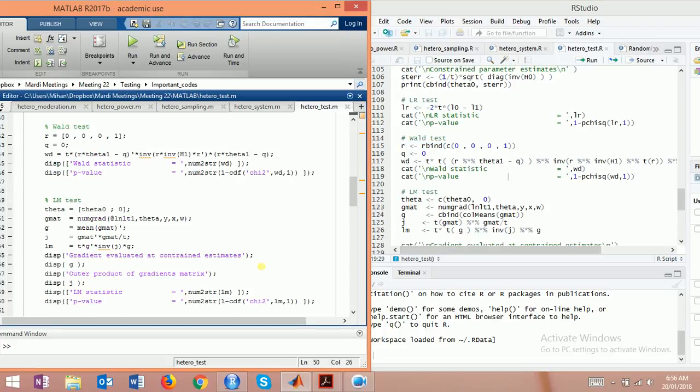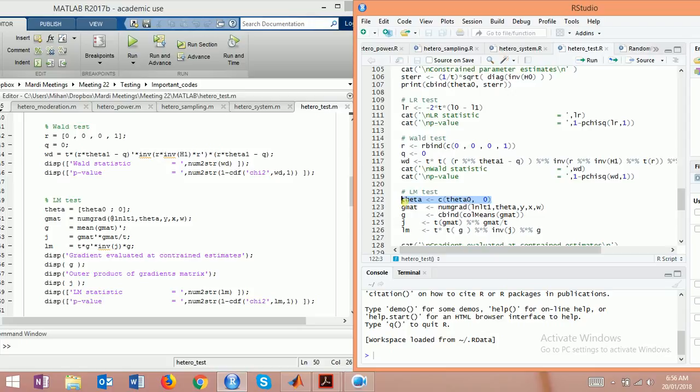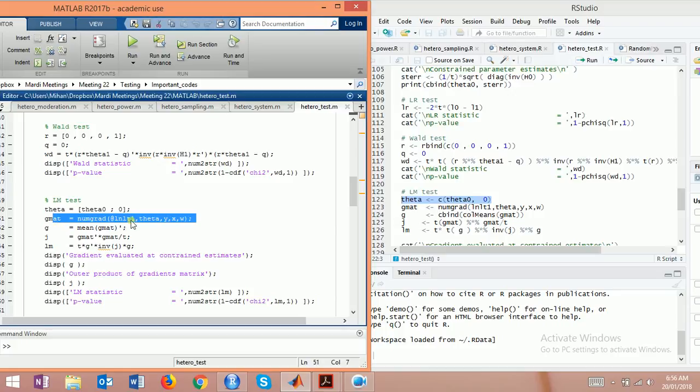For the LM test, theta is theta naught and 0. Combine theta naught and 0. Then I need to find the gradient, the numeric gradient of theta, y, x.